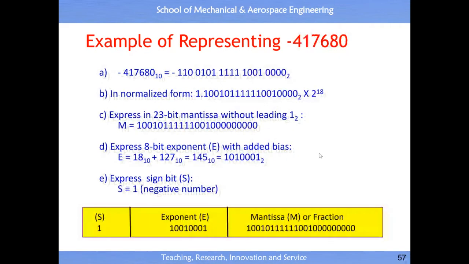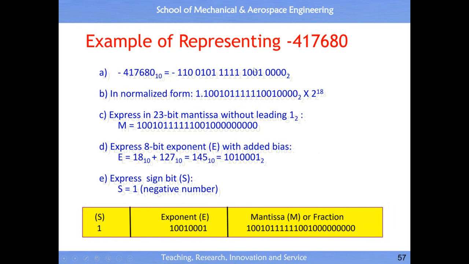Okay. And one more example. Let's say we have this big number in decimal. First, convert this one into the corresponding binary representation. And from this binary representation, we must shift this decimal point 1 position, 2, 3, 4, 5, 6, 7, 8, 9, 10, 11, 12, 13, 14, 15, 16, 17, 18, 18 times.